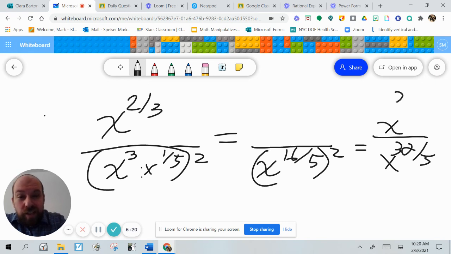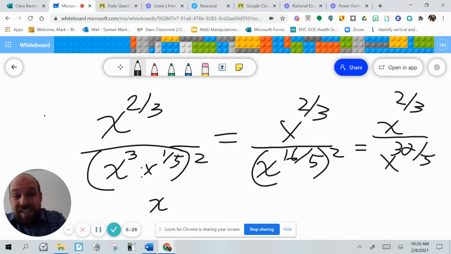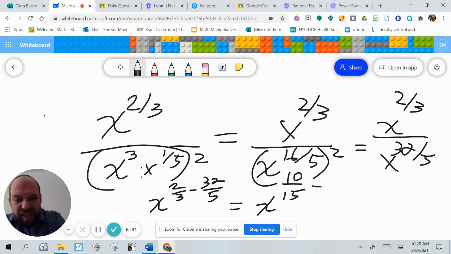And anywhere you have x to the 2/3, remember that you subtract exponents. 2/3 minus 32 over 5. Get a common denominator, 15. 10/15 minus 32 times 3. 2 times 5 is 10, 32 times 3 is 96.